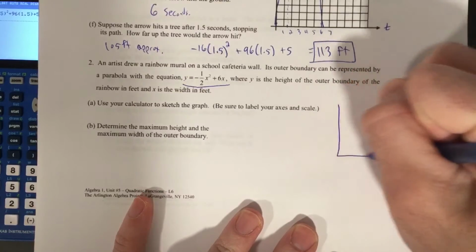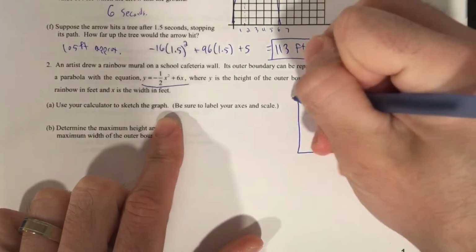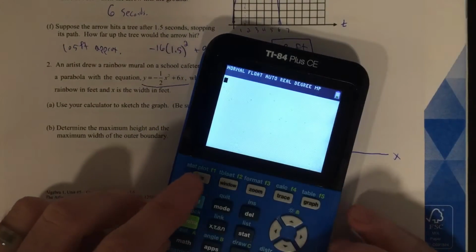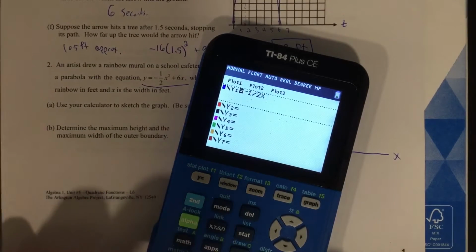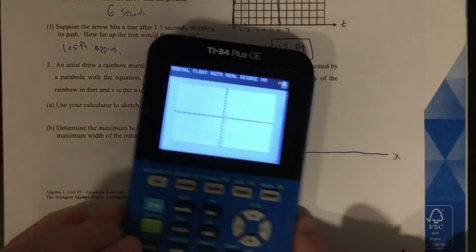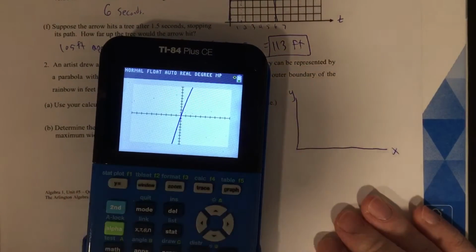Okay, so remember, we have only quadrant 1. So we have our x, we have our y. I'm going to go to y equals -1/2 x squared plus 6x. I may actually be able to see this one on my graph. Let's see what it looks like. Okay, not quite.